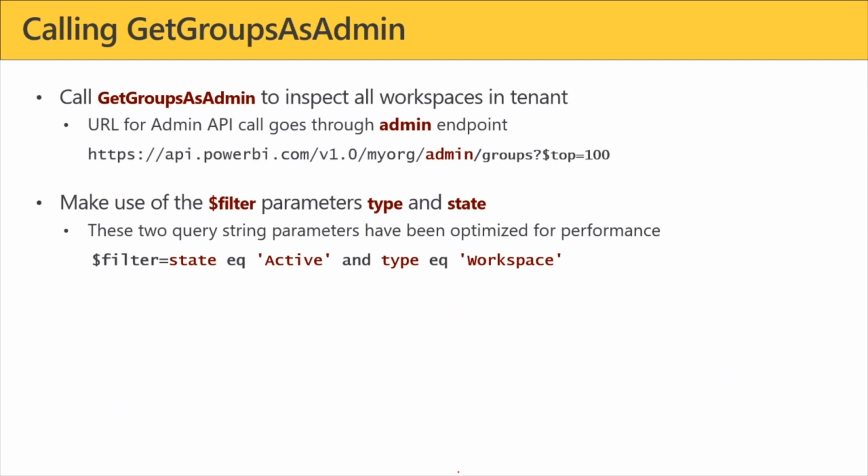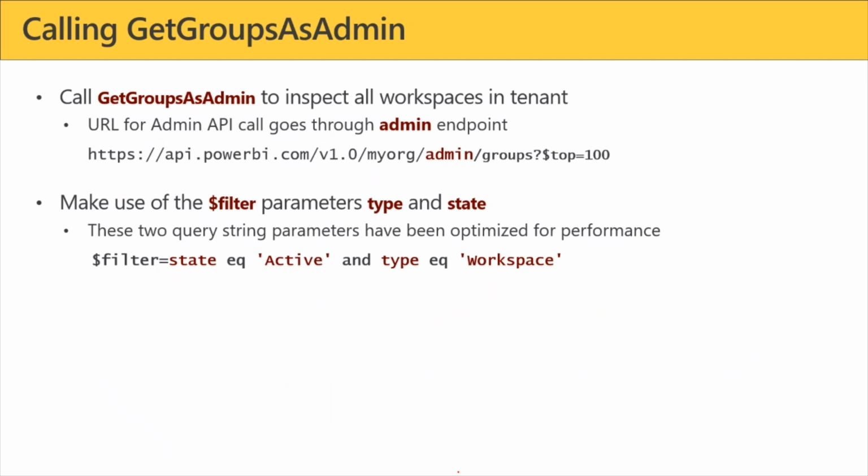Also note that when you call the user API, how many workspaces might you be a member of? 10, 100? The limit of workspaces you can be a member of as a user or a service principal is 1,000. So we can kind of assume that calling get groups doesn't return a runaway amount of items.